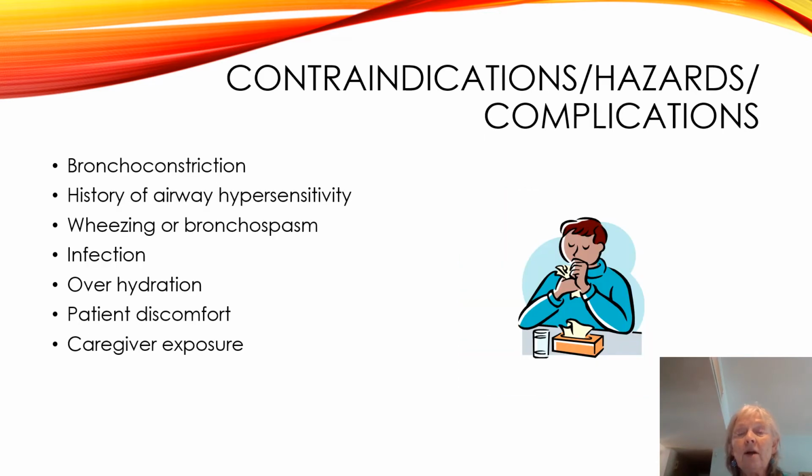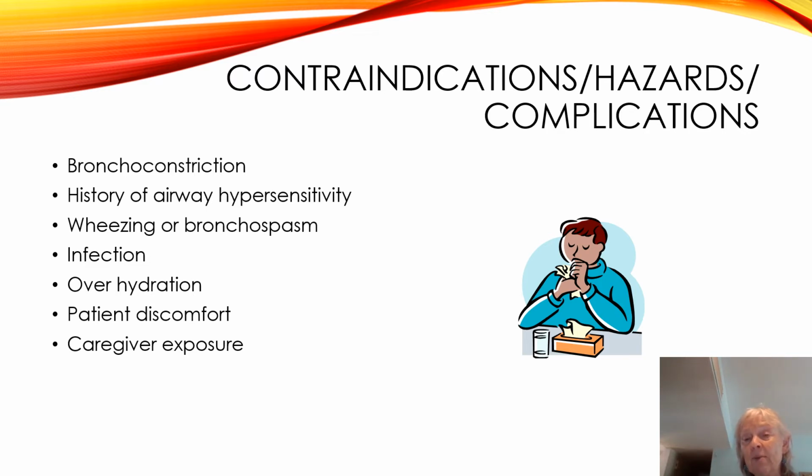So some of the contraindications, hazards, or complications of bland aerosol are bronchoconstriction and bronchospasm, and these are major, major contraindications. If your patient tells you every time I get a cool mist, I immediately start coughing, I start to have wheezing, I start to have stridor, at that point in time, the last thing we need to set up on that patient is a cool mist.